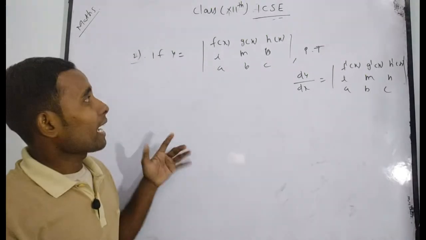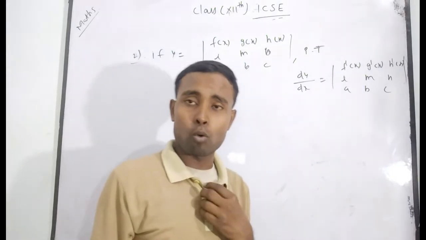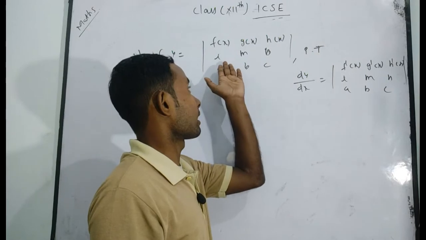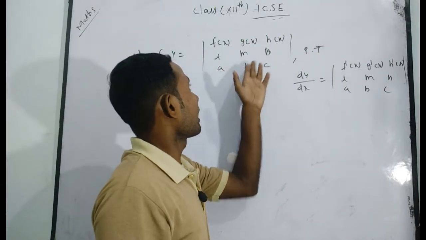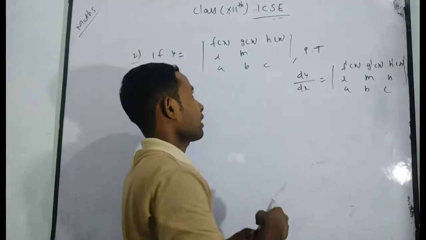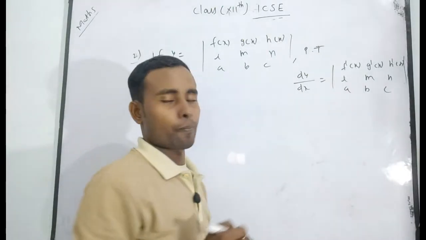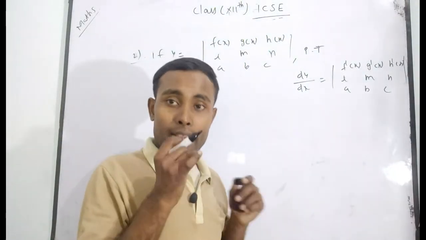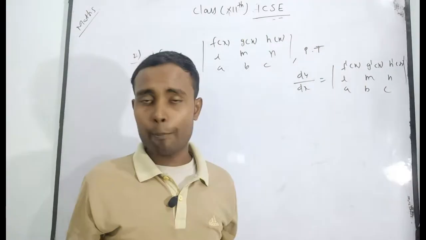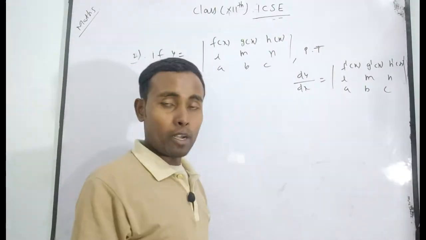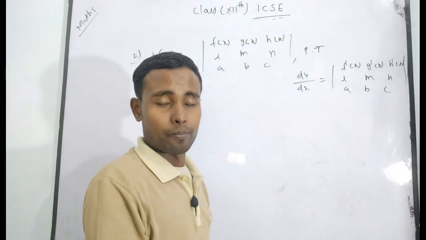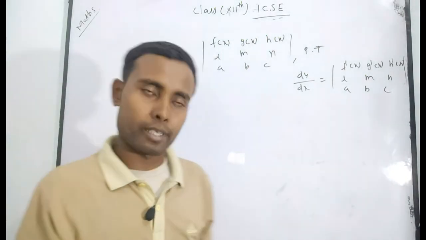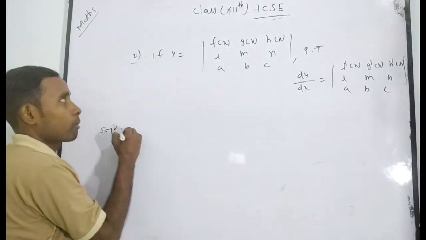See here, as I have already told you, if in your given question there is no mention about any particular terms, as they have used l, m, n, a, b, c, it has not told anything. That means this is constant or variable, there is no mentioning. So always treat l, m, n and a, b, c as constants. So now it will be very easy for you.